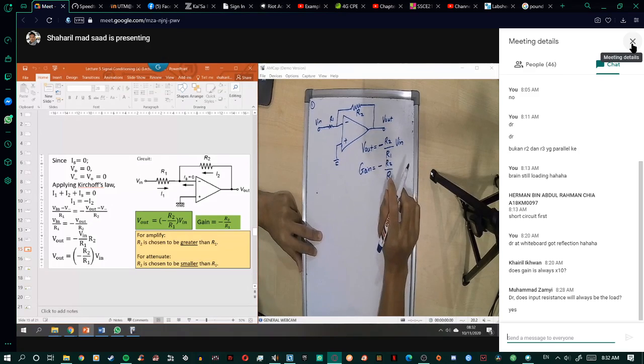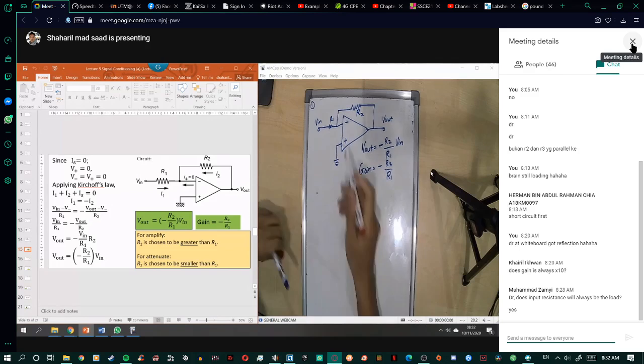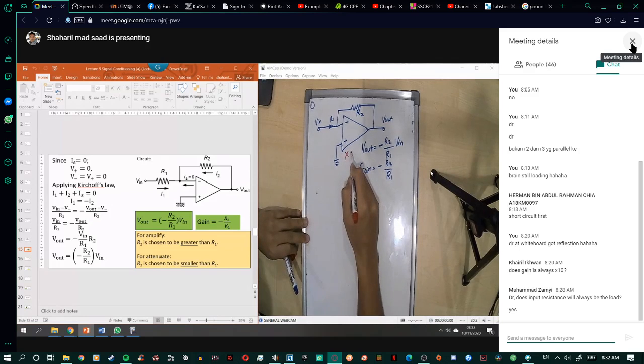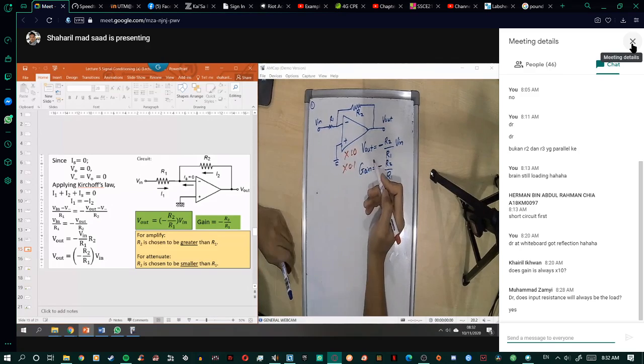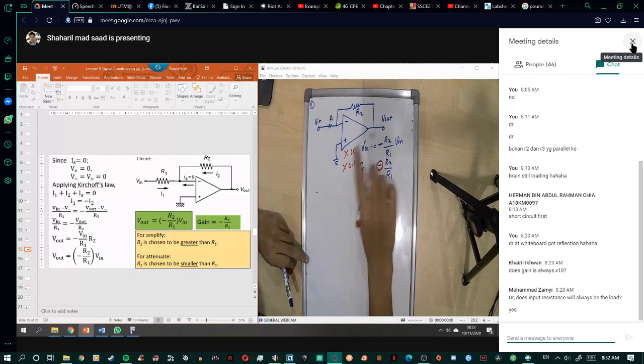But actually the gain is positive, because you only have the gain times, for example, 10, or maybe the gain is times 0.1. The negative symbol here means it will invert.